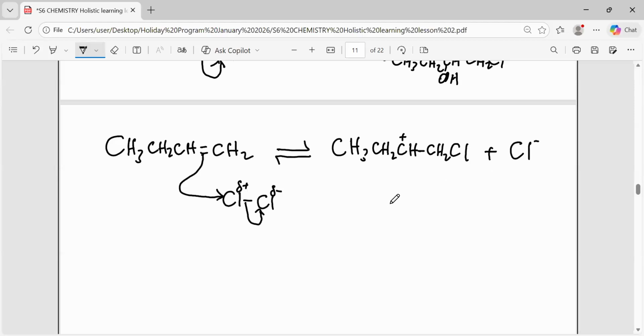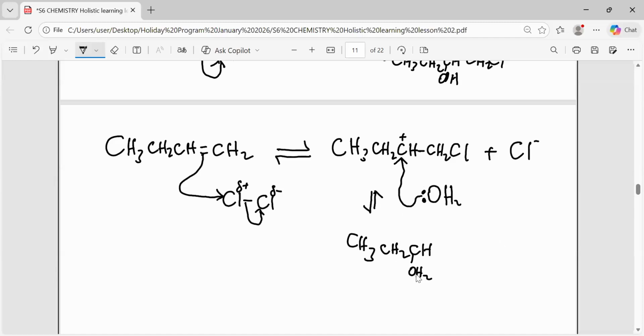But now you recall in the solution, we have a nucleophile of water, and this water molecule has a lone pair of electrons. So these lone pair of electrons are the ones which will come and attack, because you recall the electrons always move from the nucleophile to the electrophile. So when that one comes, this will be CH3, CH2, CH, then here we have OH2.